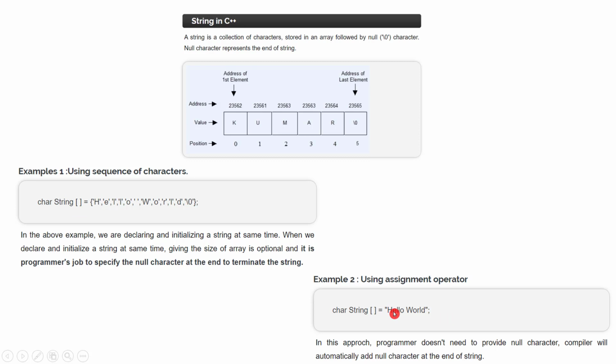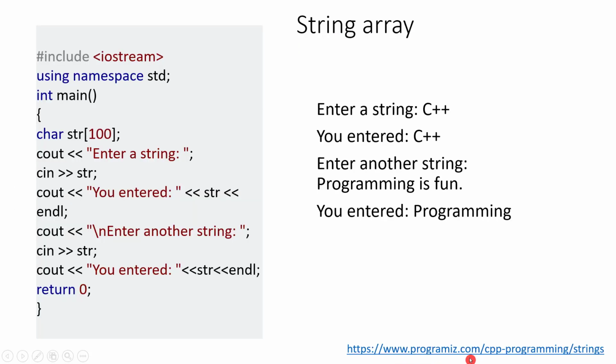If you can see the difference, this one uses double quotes, and the other uses only single quotes. So by this you can use it as a single word, and here you need the input by individual characters. In this approach, a programmer doesn't need to provide the null character. A compiler will automatically add the null character at the end of the string.